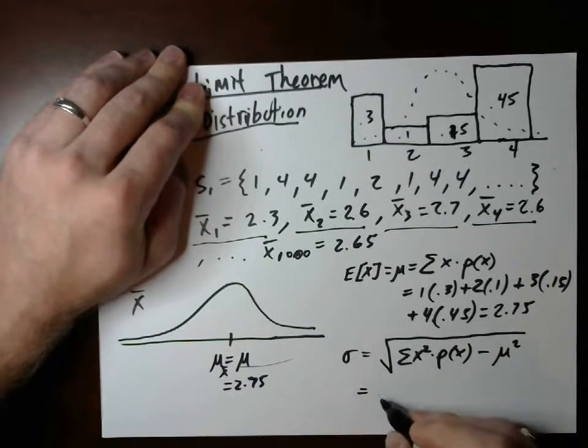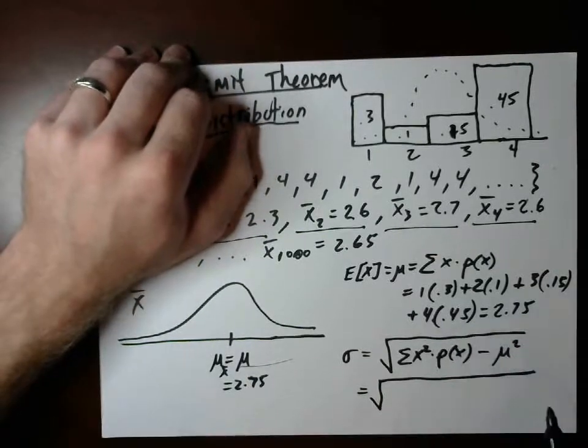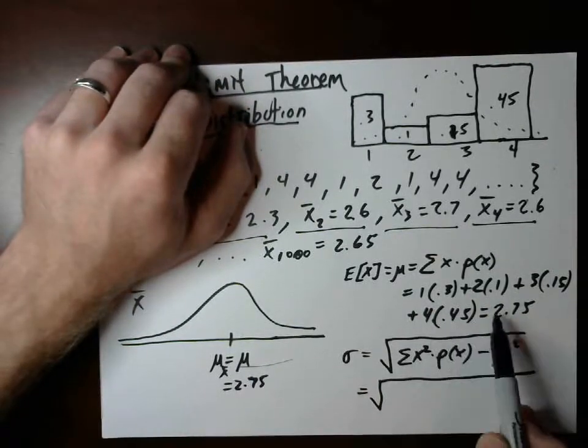So this is equivalent to the square root of, all we have to do is square each of these values in the equation and substitute them in.